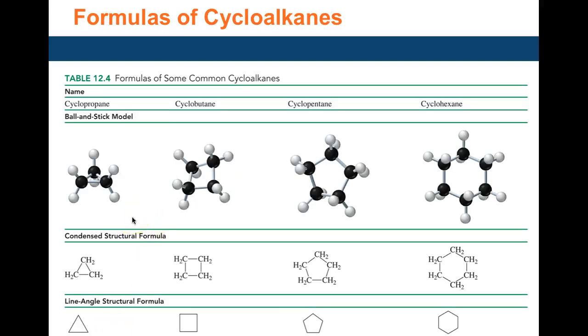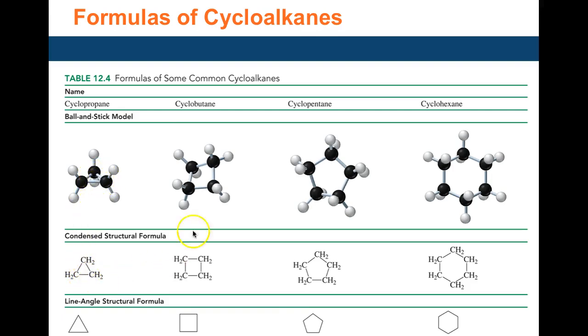So you see here some of the cyclic alkanes like cyclopropane, cyclobutane, cyclopentane, cyclohexane. They have these Greek names. The prefix is always cyclo and they end in ane, showing that all the bonds are single covalent bonds.